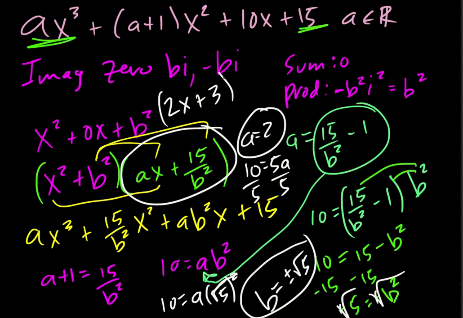So we have the linear factor right here, and we need to find all of the other factors, or the zeros. We want to find the zeros.